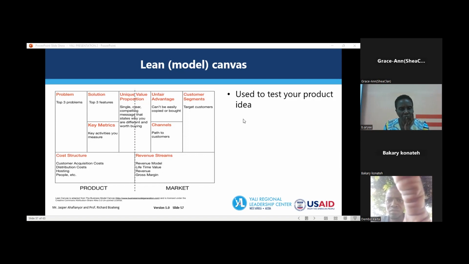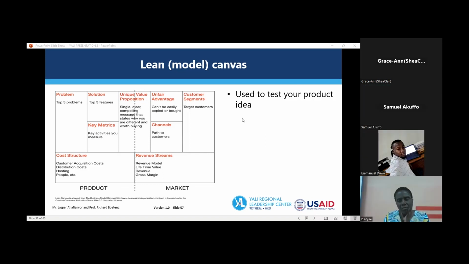On the business model canvas, we had a whole section for activities. So probably the key metrics is going to measure those activities we carry out. Okay, what else? There's also unfair advantage here, which wasn't found on the business model canvas.